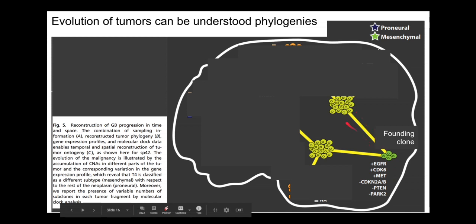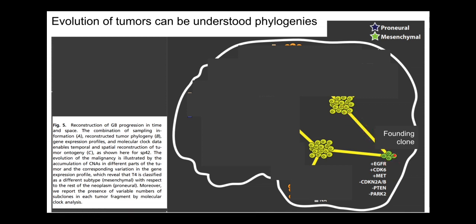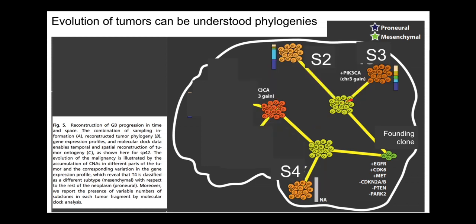So they found that on the edge of the tumor, there appeared to be the ancestral type of cells. In the interior of the tumor, there was a different group of cells. There appears to have been a split here and a clade of other parts of the tumor formed over here.